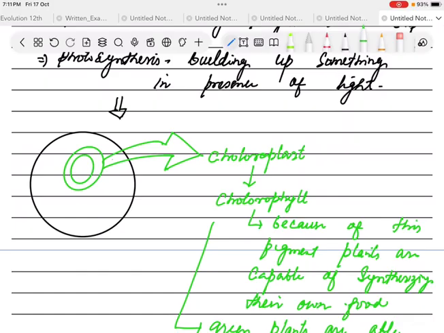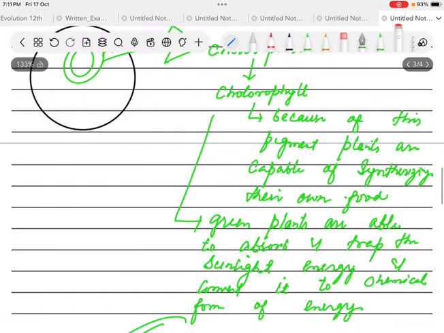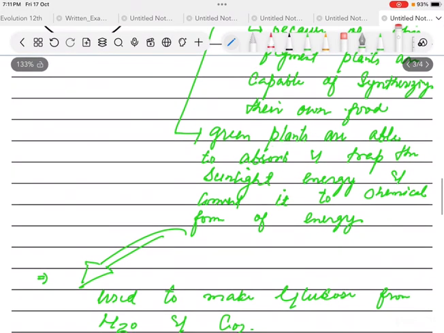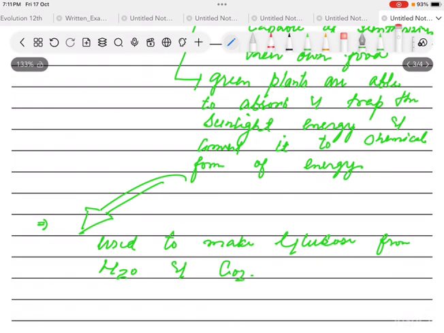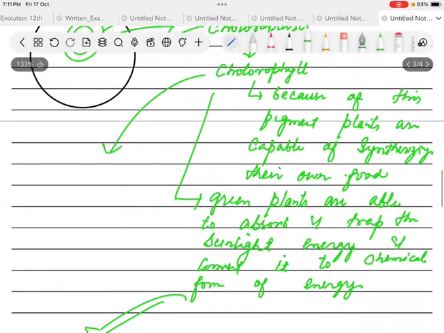That organelle we call chloroplast, and inside of chloroplast there is a special type of green pigment called chlorophyll, and because of this pigment, plants are capable of synthesizing their own food. And then green plants are able to absorb and trap the sunlight energy and convert it to chemical form of energy, and the chemical energy was then used to convert the water and carbon dioxide into food, that's glucose.